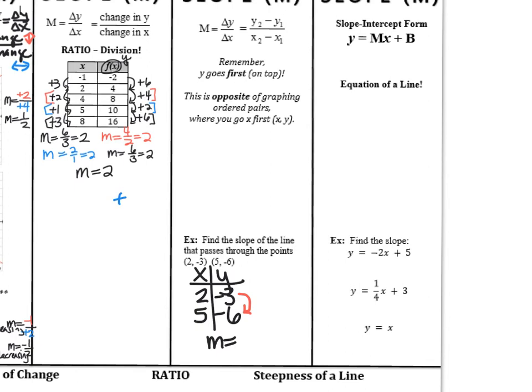So from -3 to -6, I am decreasing 3 more, so I'd have a -3 for my change in my y. Now my change in my x is going up from 2 to 5, and it's going up 3, so it has an x change of +3. When I reduce that, -3 divided by +3 is -1.